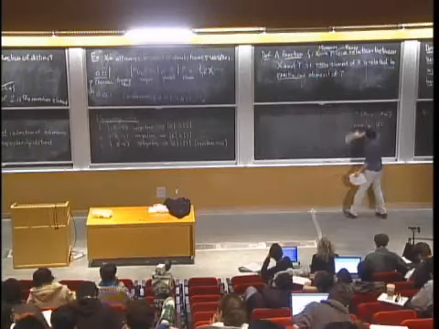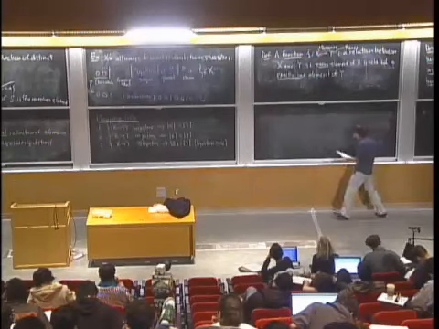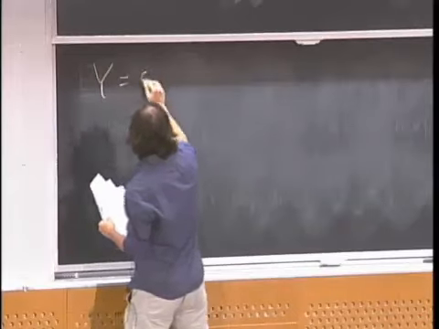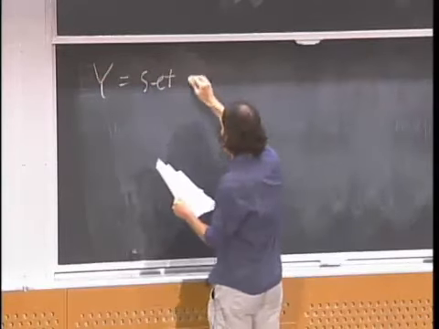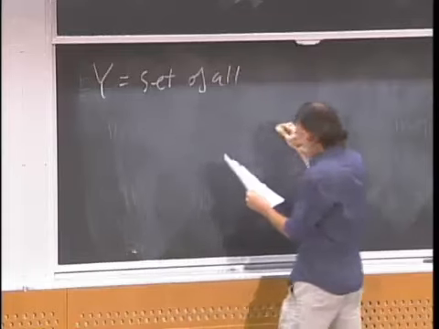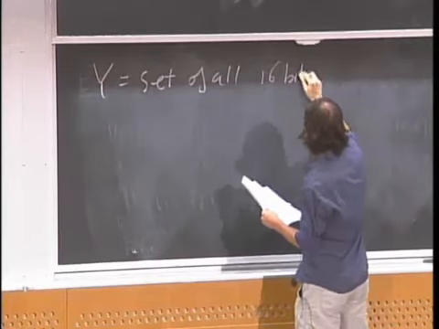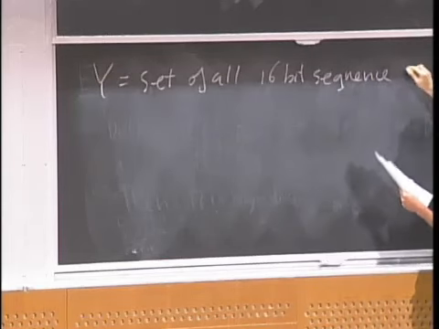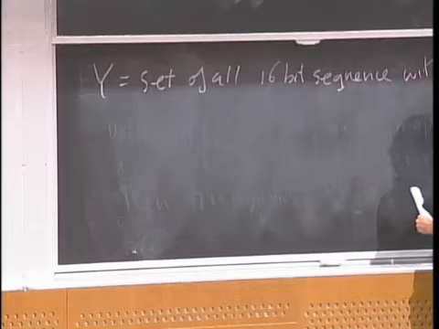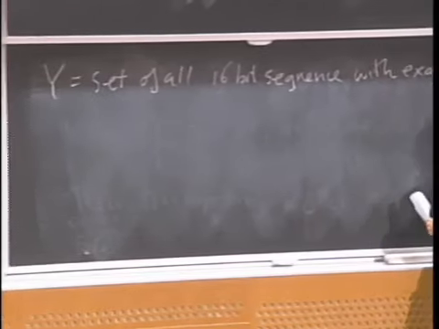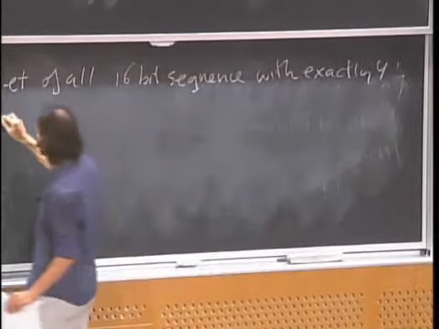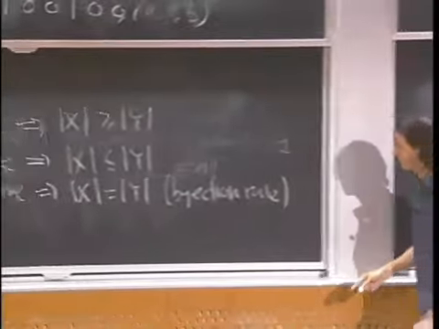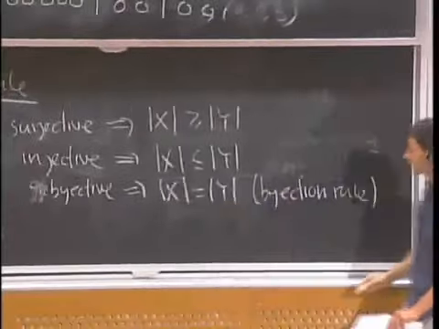So if we are going to define Y as the set of all 16-bit sequences with exactly 4 ones, then we know that by the bijection rule, we have created this bijection over here, so that the cardinalities of x and y are exactly equal.